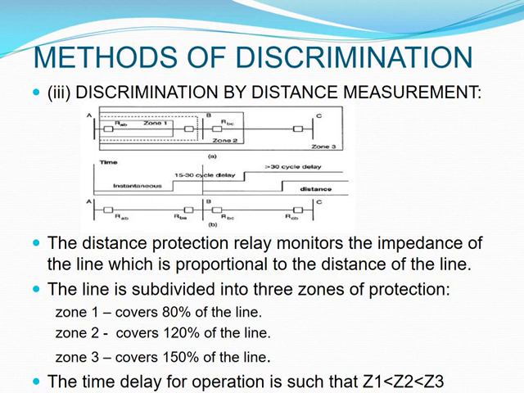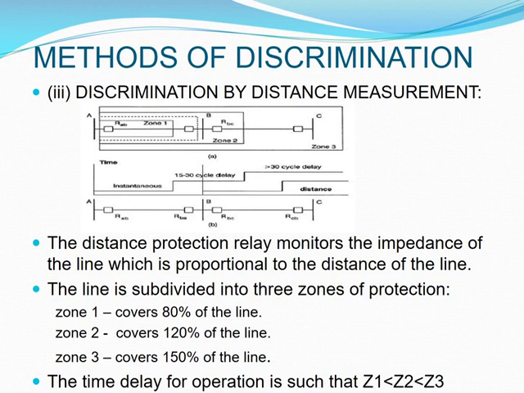Whereas my zone 2 goes beyond B and covers a portion of the line between B and C. So we say that it has covered the line 100% from A to B, and then we add 20% of the distance or impedance of what the value of A to B was. We add it now onto this part, and that is how we get the 120%.